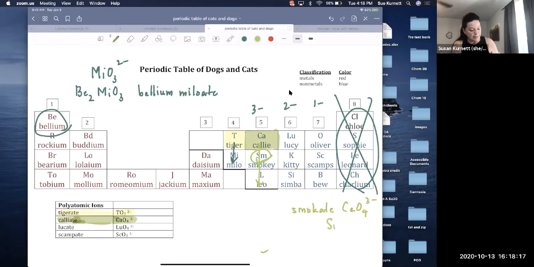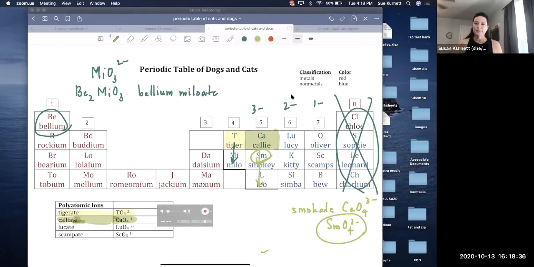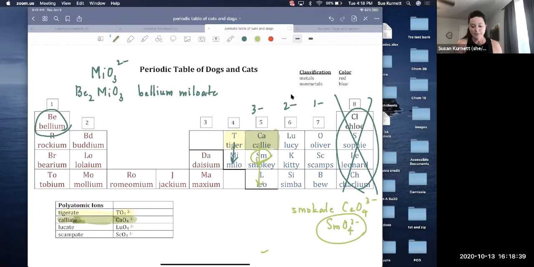So the SM, same number of oxygens, same charge. That would be smoky 8. If the charge is greater than -1, it is possible to add a hydrogen and still have an ion. So do you know the formula for hydrogen smoky 8?